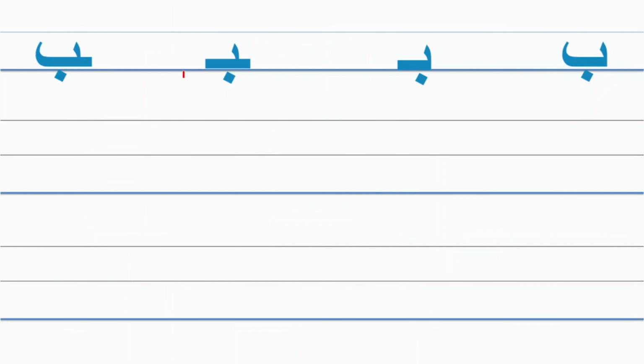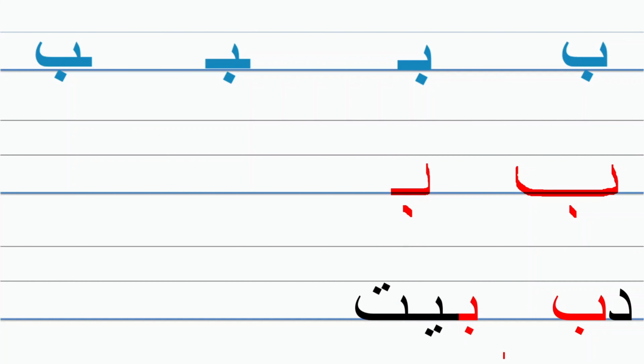Let's write the letter ba together and see the words that are similar. For basic ba, I am having this and then 1 dot below, like the word dub, which means bear. You can see ba without any hands. Then I am having initial ba, which is 1 hand from the left, like the word bayt, means a house.